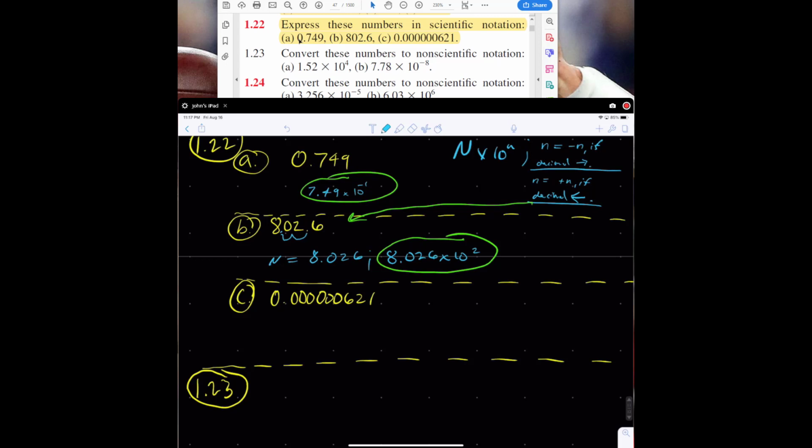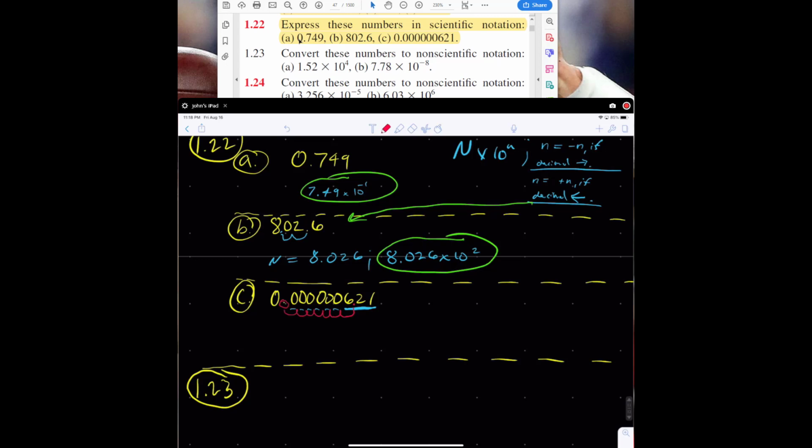So we have 0.00000000621. We need to get this number here, 621, to a number between 1 and 10. In order to do it, we have to move this decimal point over to the right, 1, 2, 3, 4, 5, 6, 7 spaces. Basically move it right there.